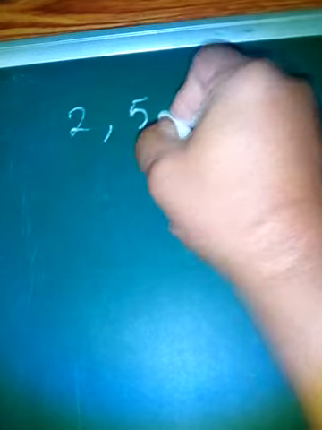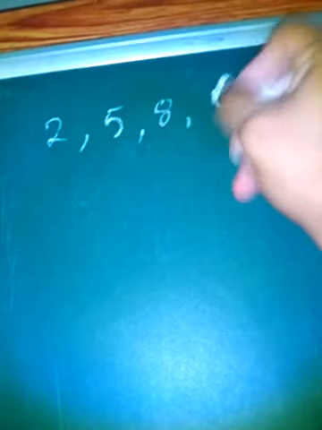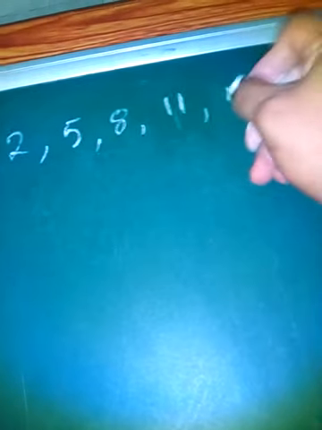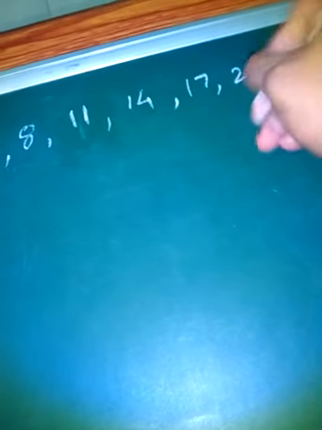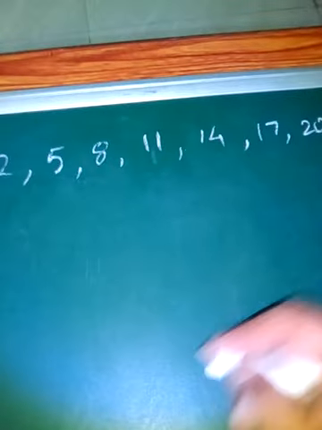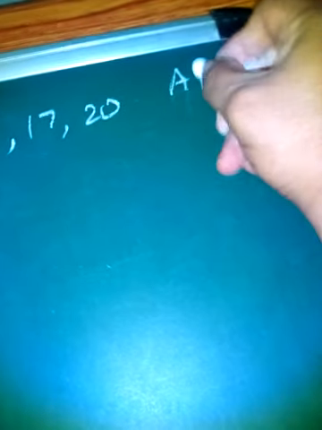So consider this: 2, 5, 8, 11, 14, 17, 20. So what is this? This is an AP.